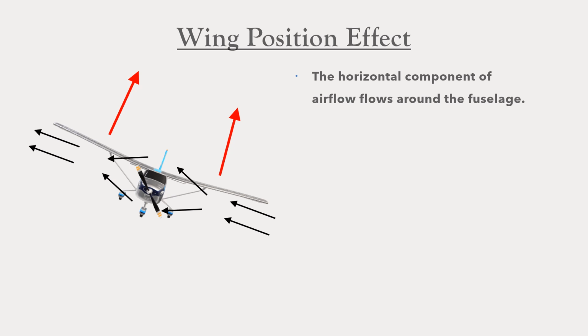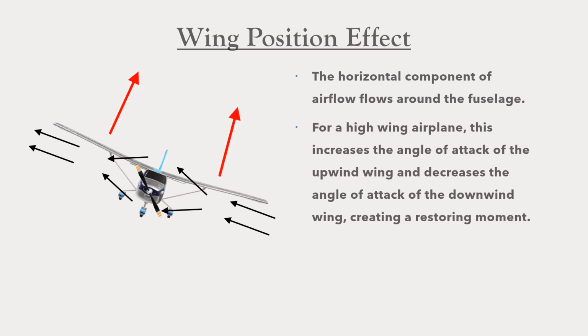So notice that as the horizontal component of airflow encounters the fuselage, it has to flow around the fuselage. Some of the air goes above, some of the air goes below. That affects the flow of air around the wing roots.